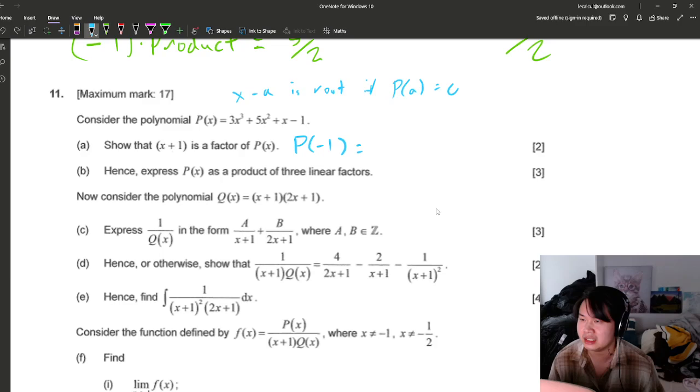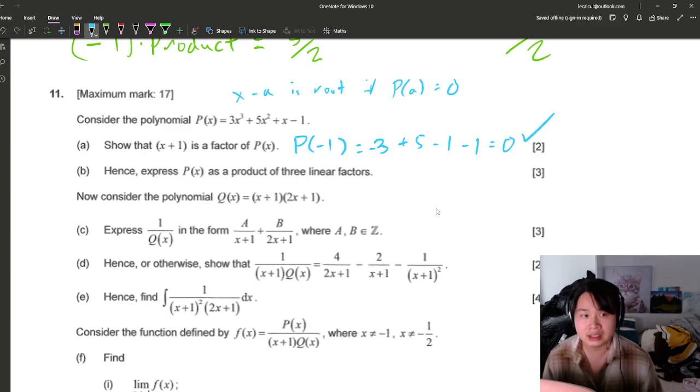So it's very easy to check if something's a root. So then we plug in -1, so then we would have -3 plus 5 minus 1 minus 1. And then this equals 0, so this is a root.